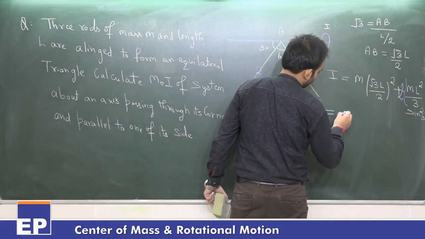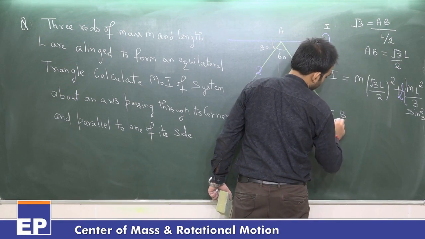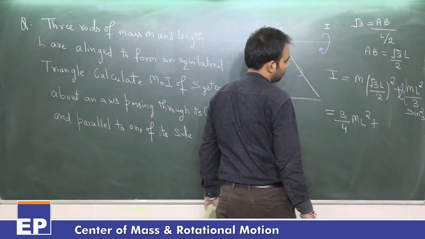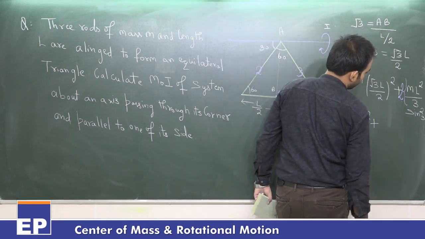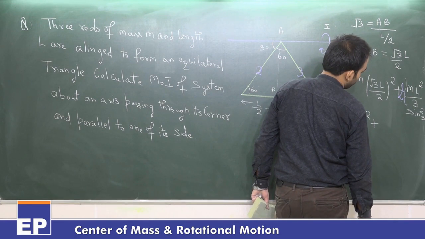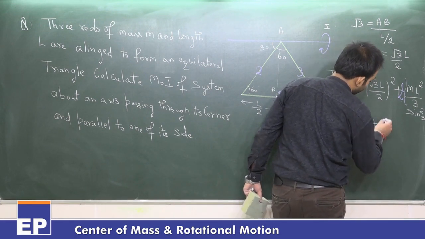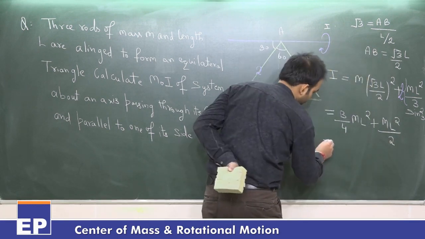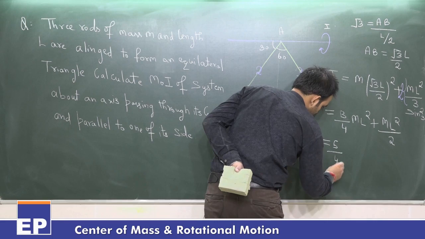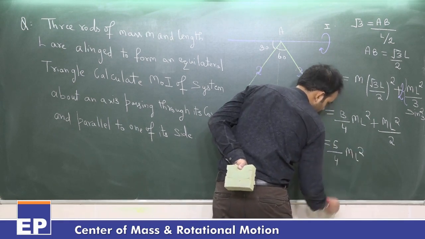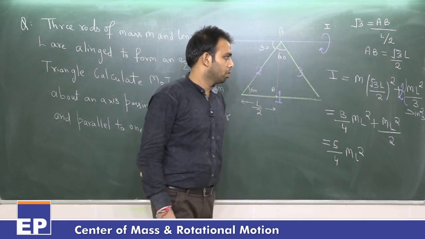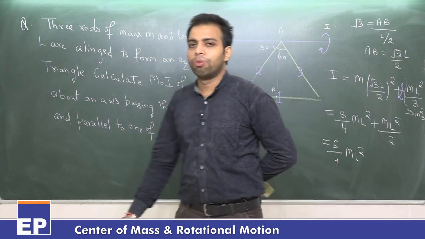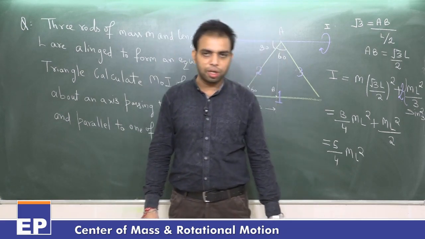So it will become 3 by 4 m L square plus 1 by 4, 3 by 4 and 2 by 4, that is 5 by 4 m L square. Right? So this is the answer for it. Is it clear to all of you? That type of problem is also asked, and this is a good problem, so you can solve it. Is it clear? लिखो इसको.